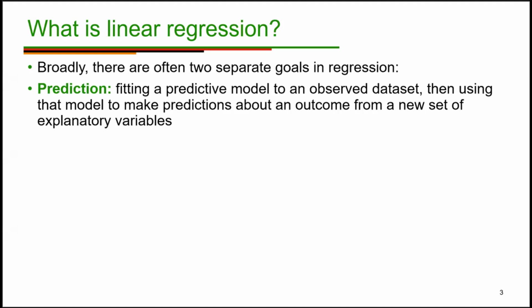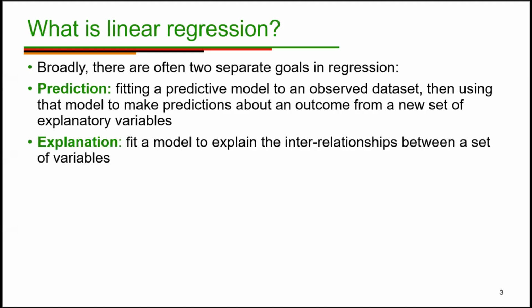And then once we've developed that model, we can use it to make predictions about an outcome from a new set of explanatory variables. Or you could use your model to explain, right? You fit a model and then you try and explain what the interrelationship might be between a set of variables. In that regard, oftentimes we usually just use our models for explanation, right?